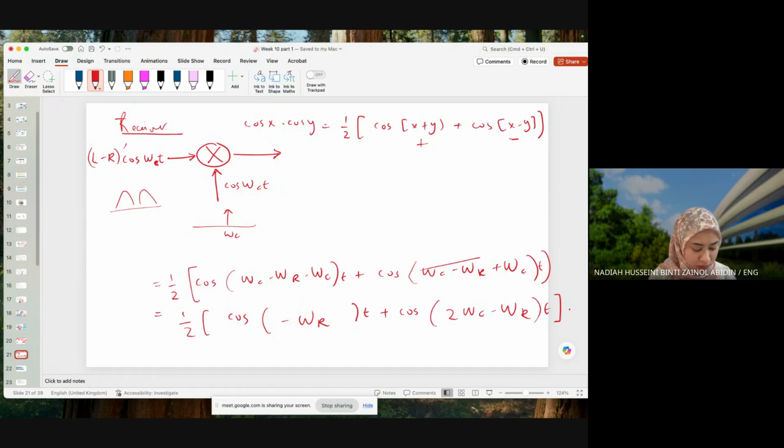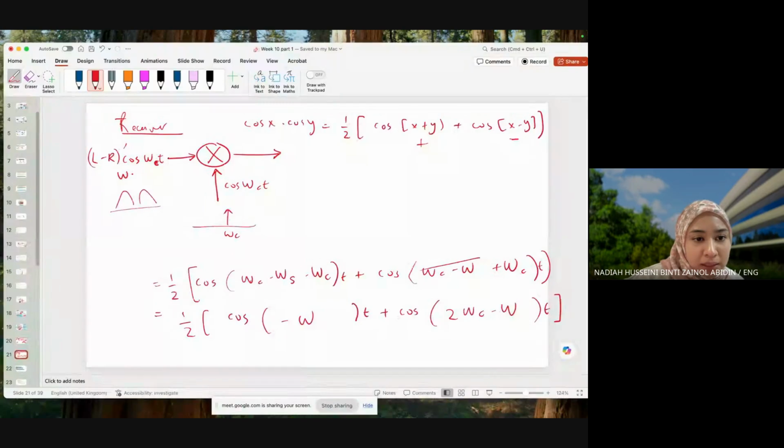Cosine 2 omega c. Sekejap. Omega r, sorry. I used omega r again. This is S according to our notes.